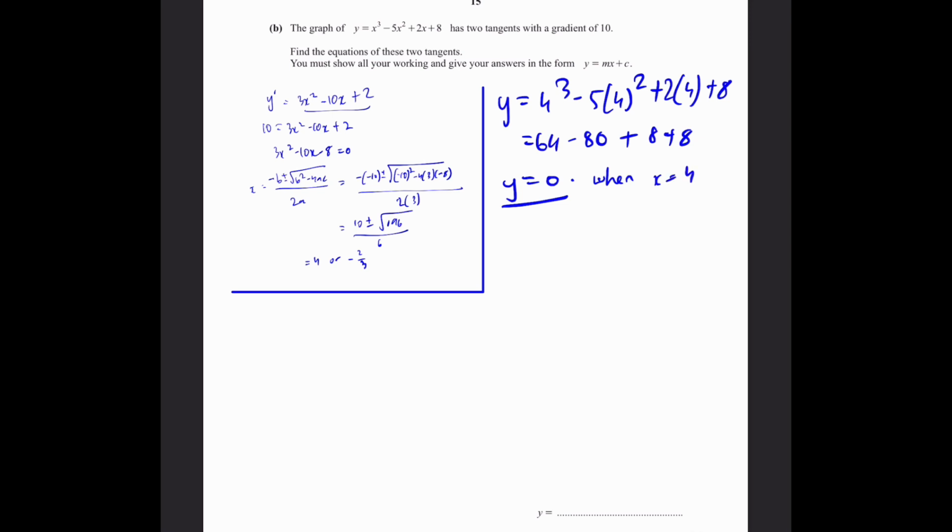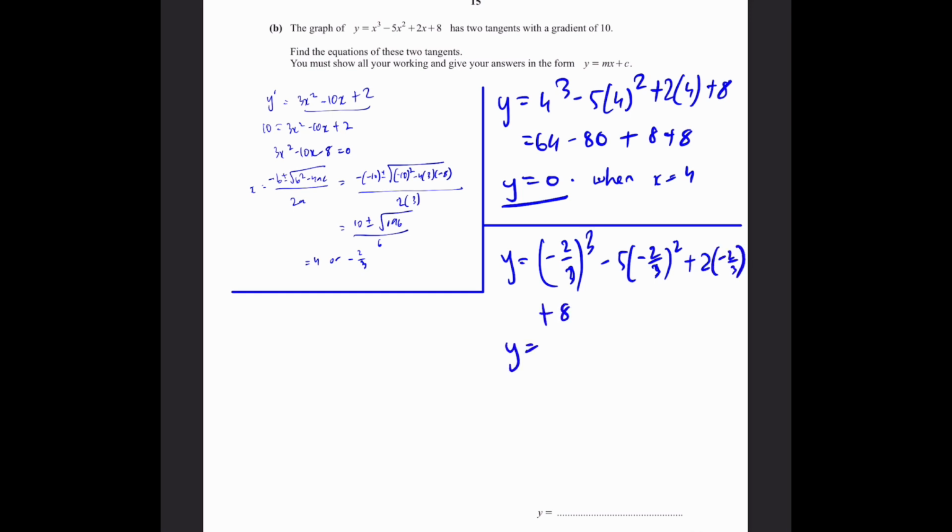And then for the second one, we do x equals minus 2 by 3. So y equals minus 2 by 3 cubed, minus 5 into minus 2 by 3 squared, plus 2 into minus 2 by 3, plus 8. So y equals minus 8 by 27 minus 20 by 9 minus 4 by 3 plus 8, which I will intentionally write as 216 by 27.